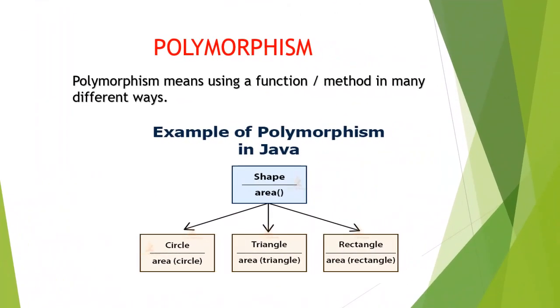Next one is polymorphism. The word poly means many, and morphism means forms. Polymorphism means using the function or method in many different ways. Here, if we take an example of a class Shape, it has a method area, and you have a circle, triangle, and rectangle.